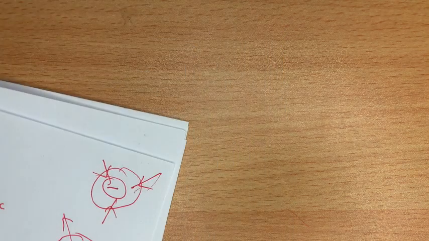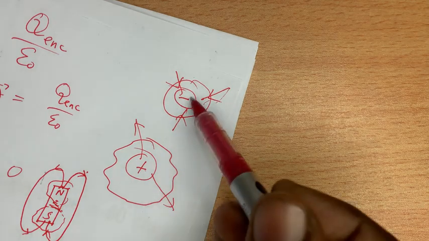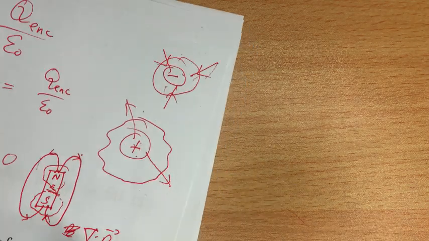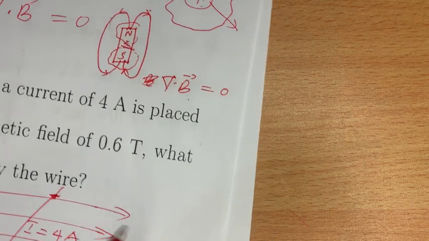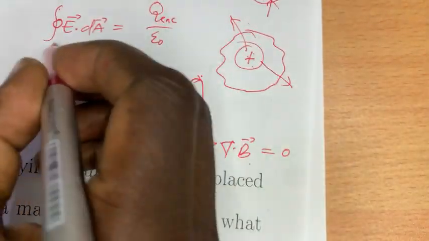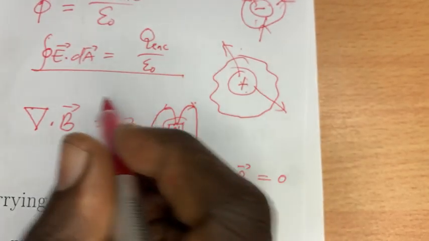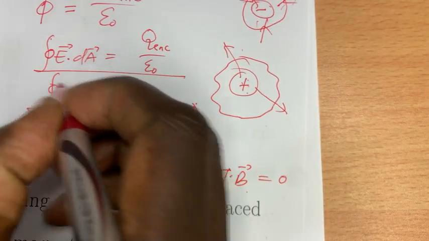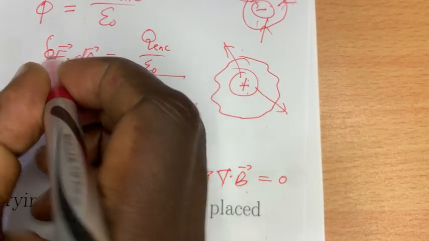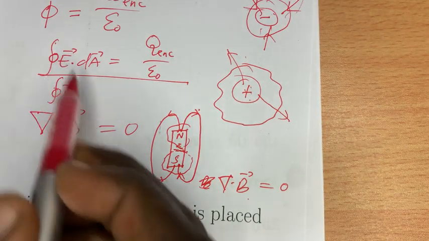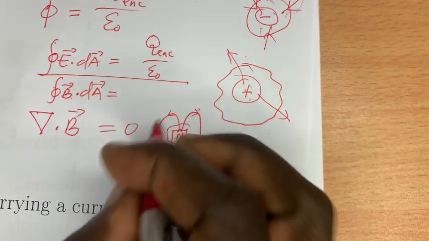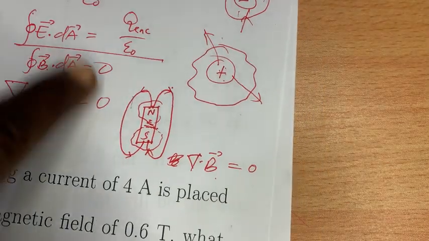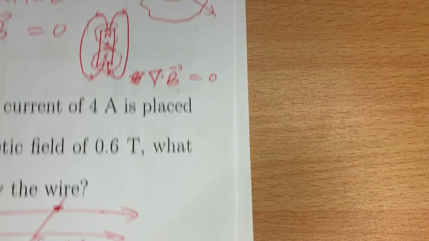For electricity it is non-zero, but for magnetism it is 0. So if you compare it with the one for electricity, you can write the integral of B, instead of E, dot dA, and this is equal to 0. The other one is non-zero.